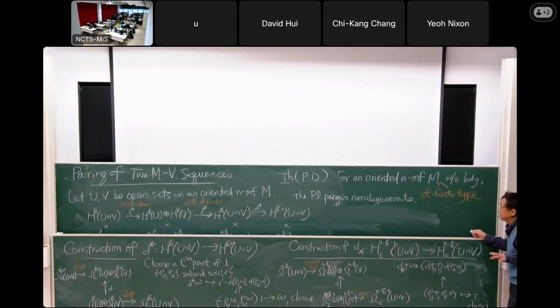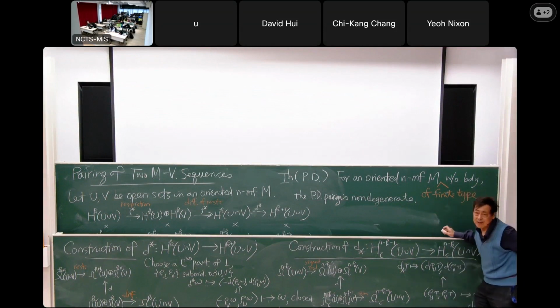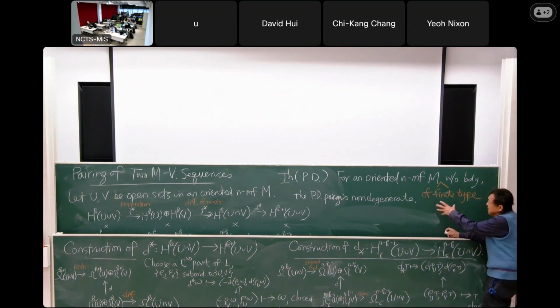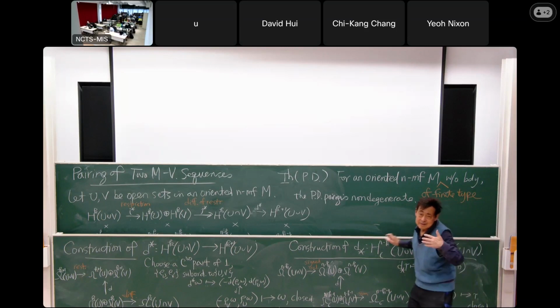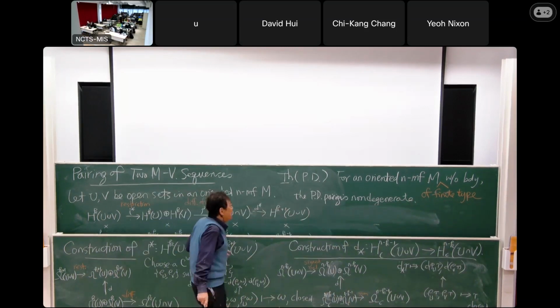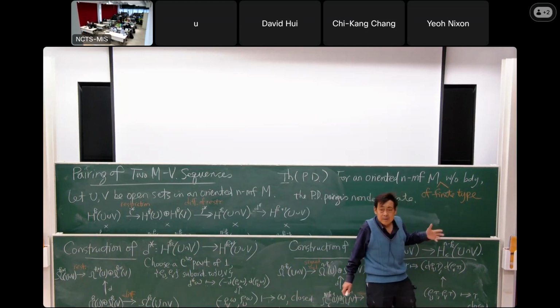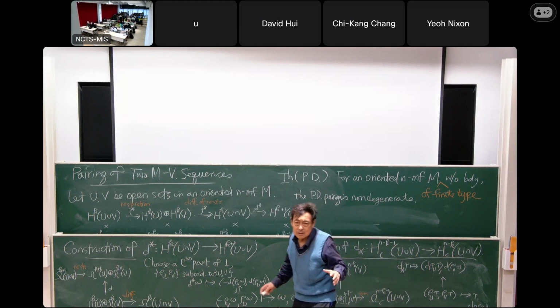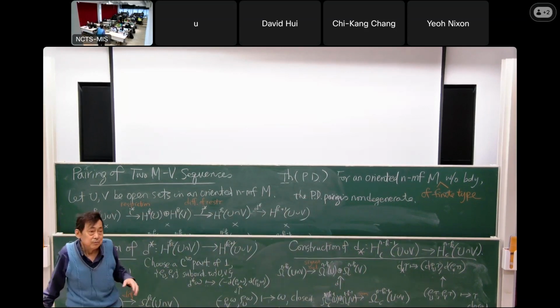Okay, I just got a question about the hypothesis of Poincare duality. I said that we have to assume that M has finite type so that we can carry out the induction proof. The question was, if M is not of finite type, whether Poincare duality is still true, maybe with a different proof.